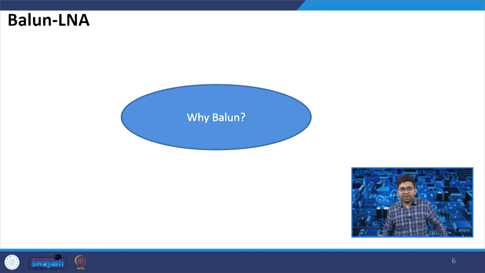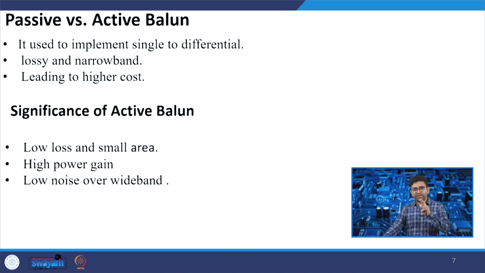Now, we will see the balun LNA, because that is also one of the important designs. What is a balun? There are two kinds of balun, passive and active. We can use passive circuits to convert a single signal into two differential signals, but passive is lossy and narrow band, and it is also costly because you need to go off chip.